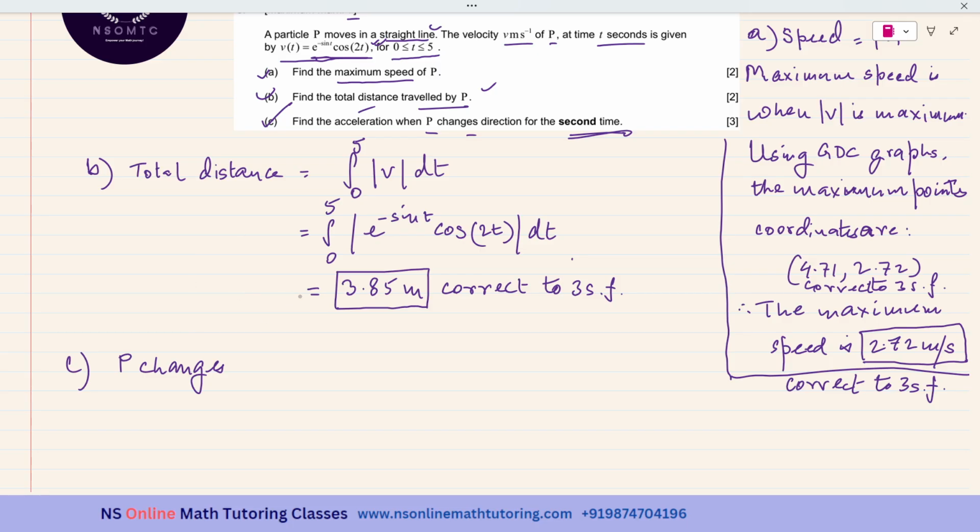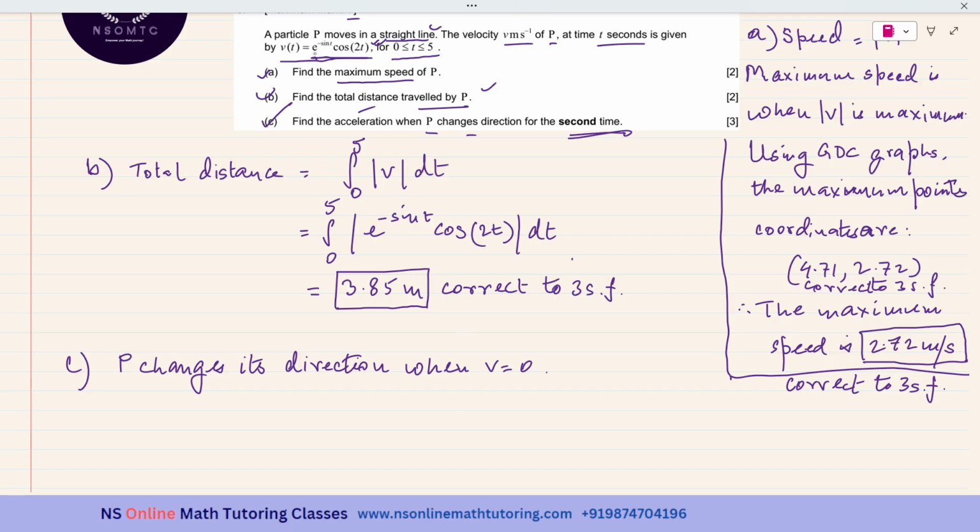I am assuming that it is moving in the right-left direction, not up and down. So, P changes its direction when v is equal to 0.